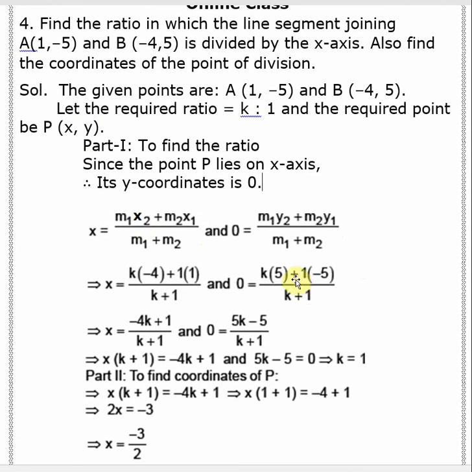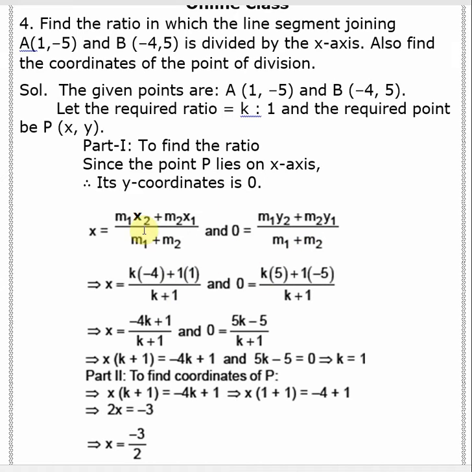If you take x comma 0 as the point, that means x will be (m1 x2 plus m2 x1) by (m1 plus m2). Here m1 is k and m2 is 1, and x2, x1 are given here, y2, y1 also given here, and y equals 0 is (m1 y2 plus m2 y1) by (m1 plus m2), this you know.